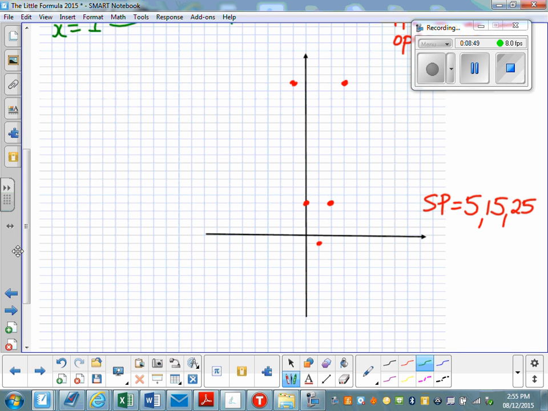So when I'm graphing the parabola, that's what it's going to look like. Just try and put this in the right spot.